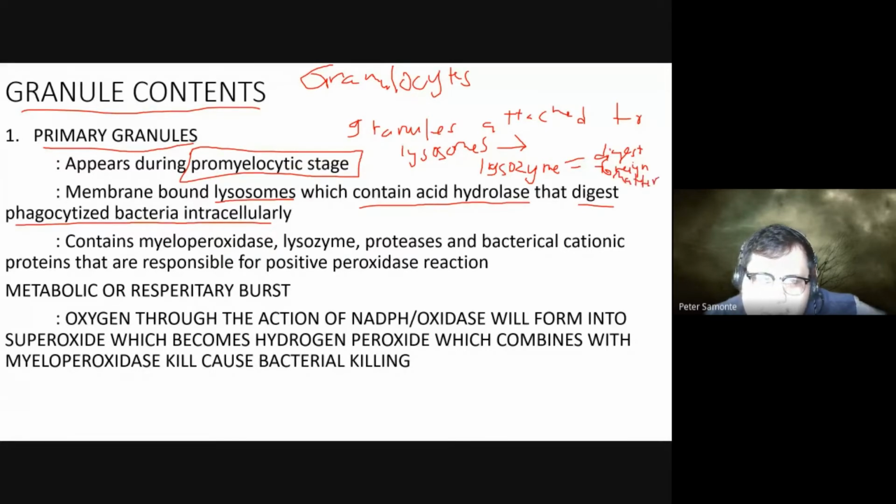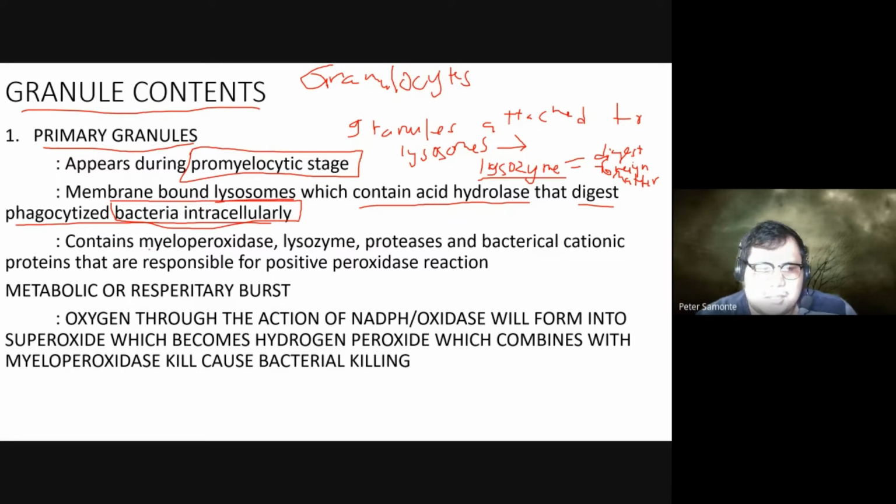Again, your primary granules are found in the pro-myelocytic stage. They will start appearing at that stage. They are usually attached to lysosomes, which will produce the enzyme lysozyme that would digest the foreign matter. An example of foreign matter is bacteria, wherein it would be ingested and digested using the primary granules.